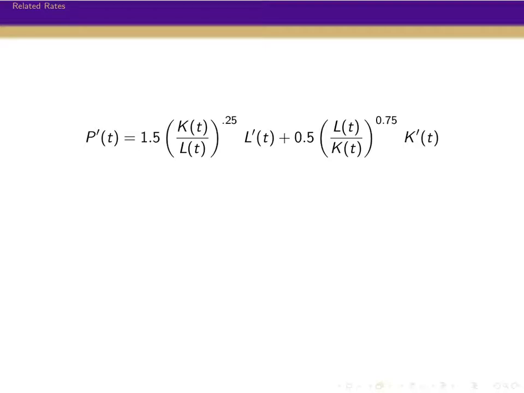This is what we get. Okay, recall at the beginning we said that labor was $11 trillion and was decreasing at $1.2 trillion per year. Capital was $8 trillion and decreasing at $500 billion per year. And so we can just go and start sticking these in.